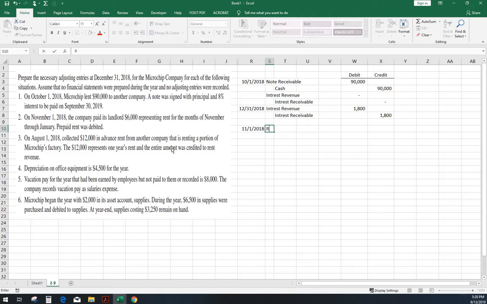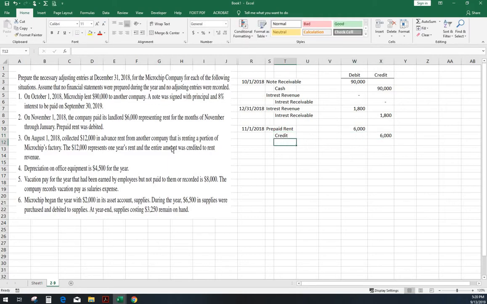So let's go ahead and make prepaid rent debit 6,000. And then we credit cash.